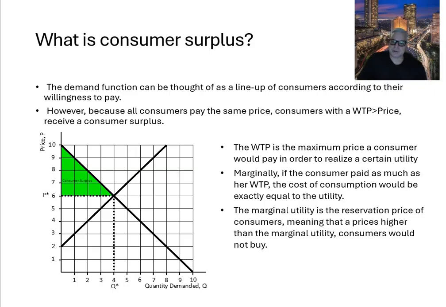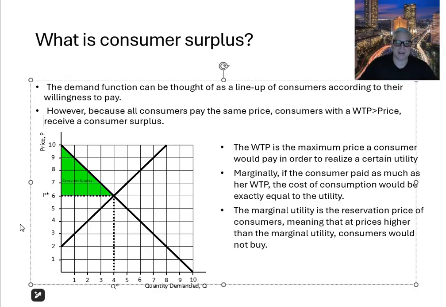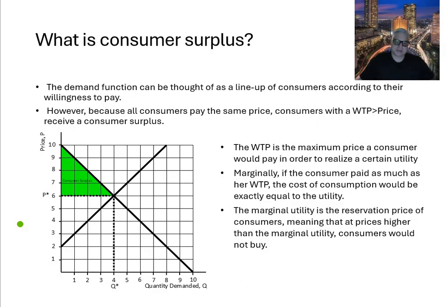And the marginal utility is again the reservation price of consumers, meaning that at prices higher than the marginal utility, consumers would not buy.